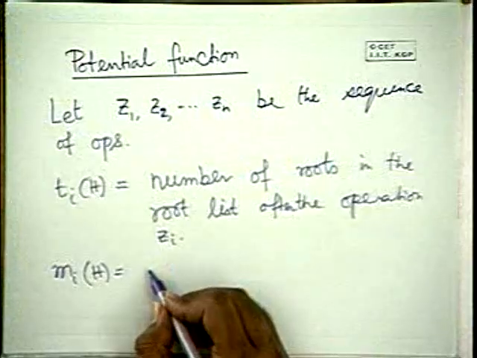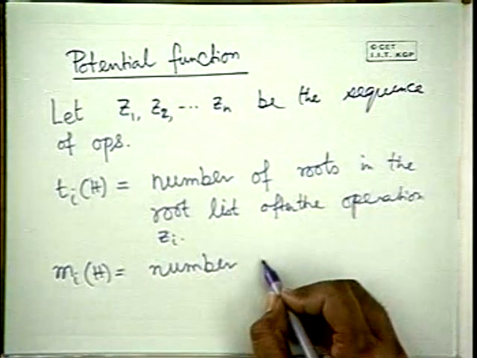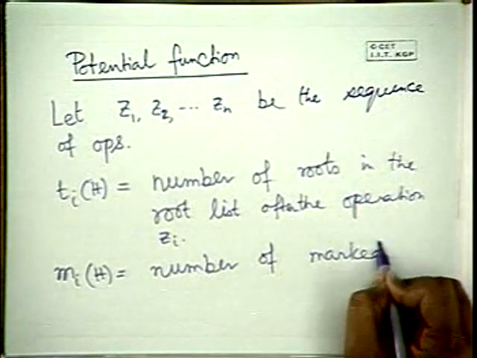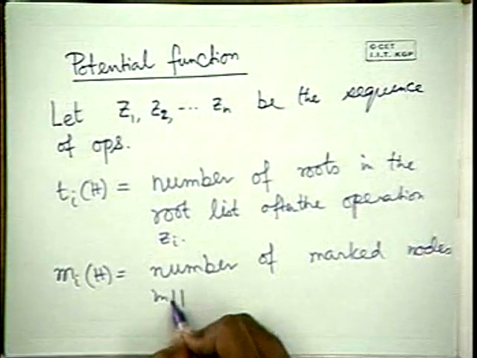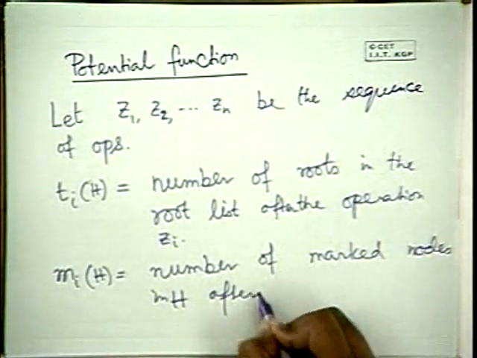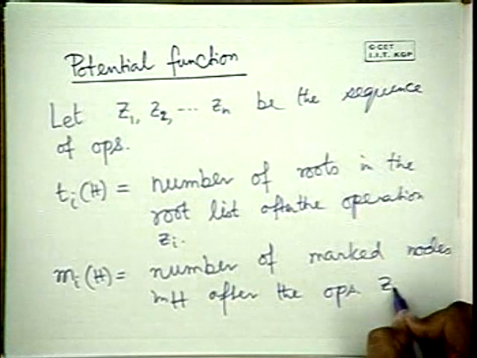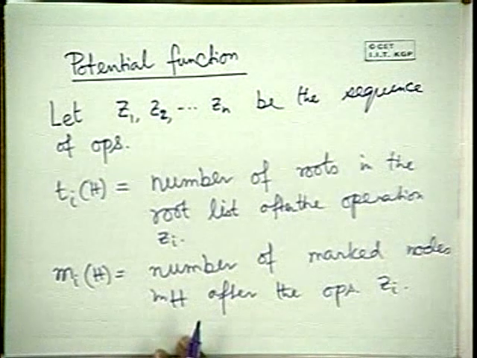So Mi of H is the number of marked nodes in H after the operation Zi. So these are two definitions, Ti of H and Mi of H.